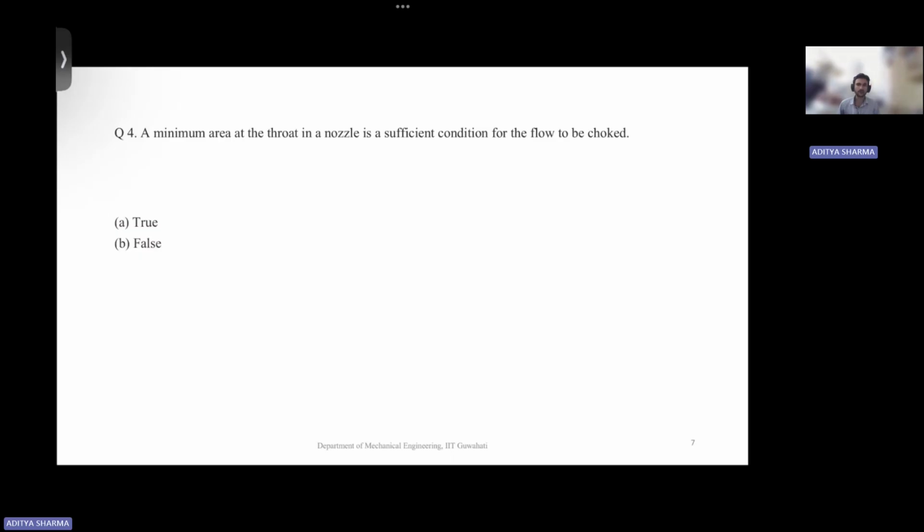Question number 4 says that a minimum area at the throat in a nozzle is sufficient condition for the flow to be choked. So in a nozzle, if you have some minimum area, is that a sufficient condition for the flow to be choked? This is not true.